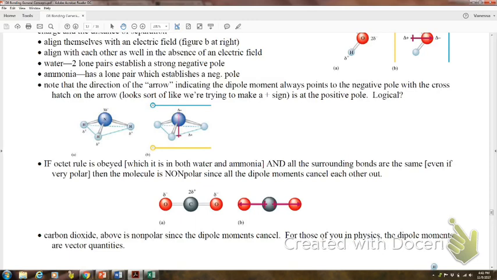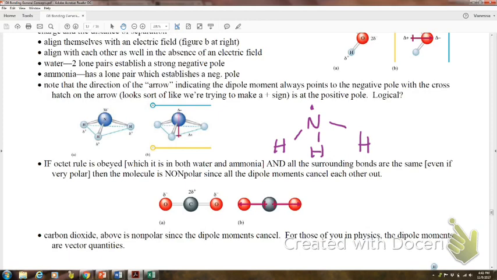So if we look at this one here, I'm going to draw this out separately. We're going to draw this NH3, okay? And we know by looking at this NH3 that they're not going to share equally, and that the hydrogens are slightly positive.